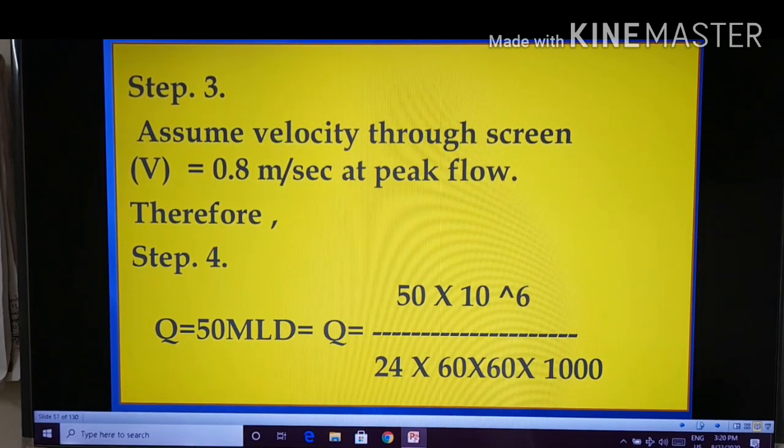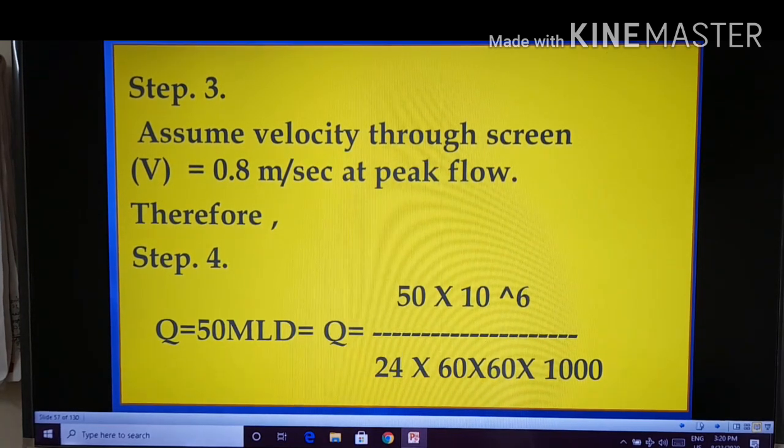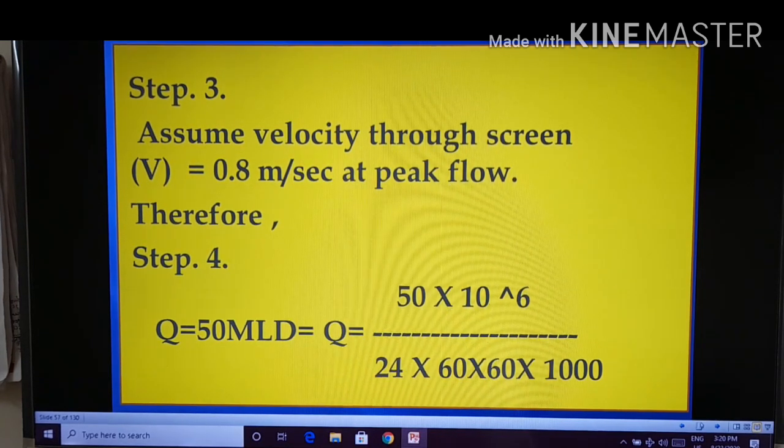That is, we are converting into hours, minutes and seconds, and divided by 1000 to convert that into meter cube, right?